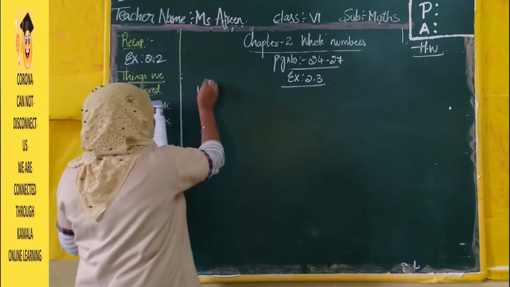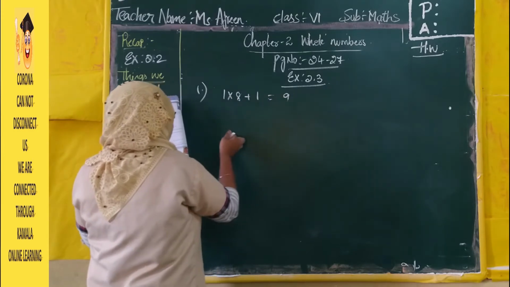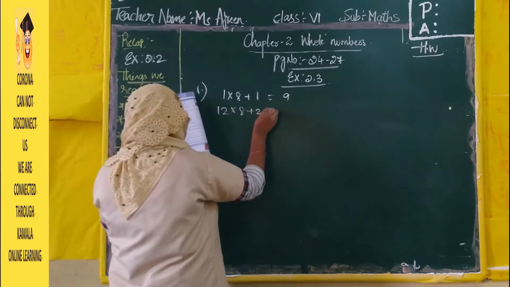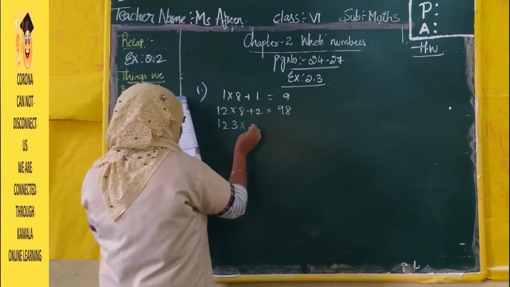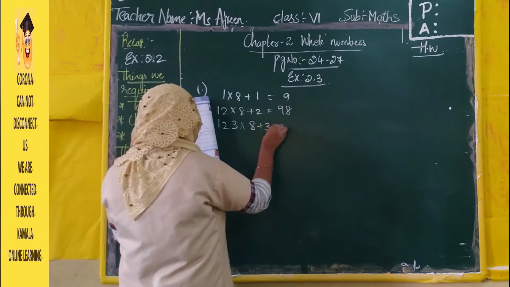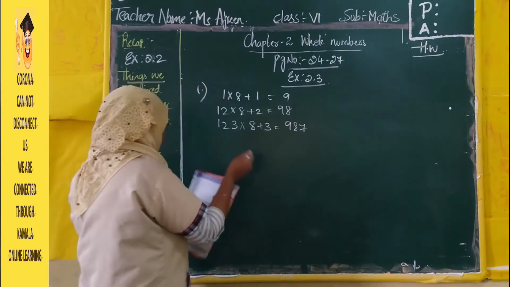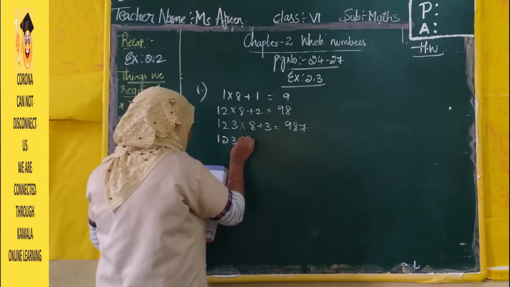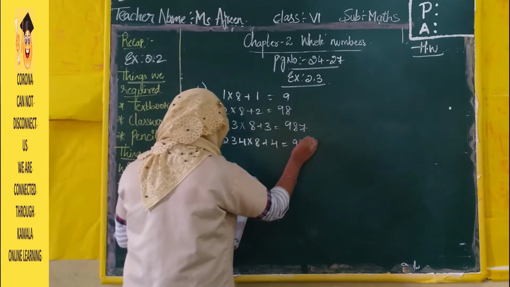First one is 1 into 8 plus 1 equals 9. 12 into 8 plus 2 is 98. 123 into 8 plus 3 is 987. 1234 into 8 plus 4 is 9876.